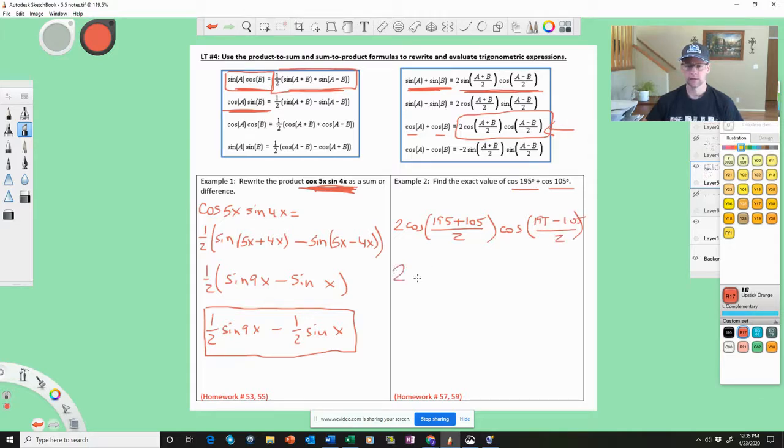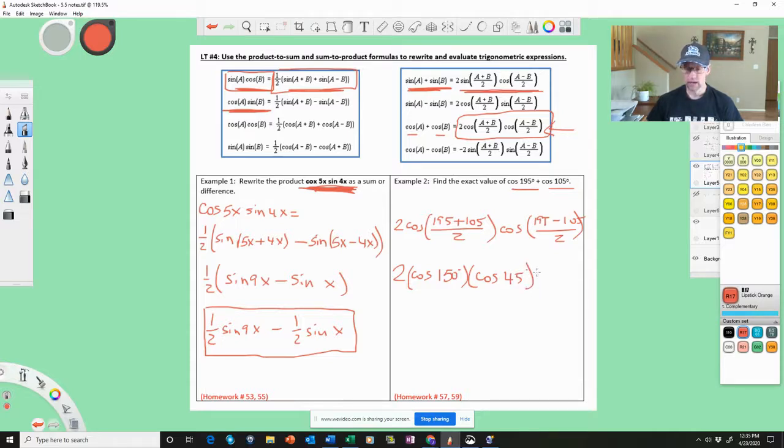So let's see. This is going to be 2 times the cosine of, that adds up to 300, divided by 2 is 150 degrees. I'm going to keep parentheses here because we're multiplying. And this will be, that minus that's 90, divided by 2 is 45 degrees. Okay.